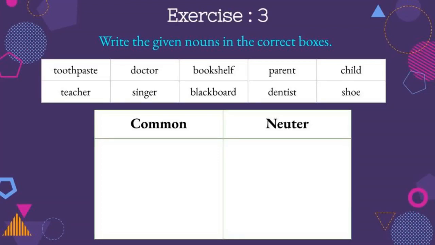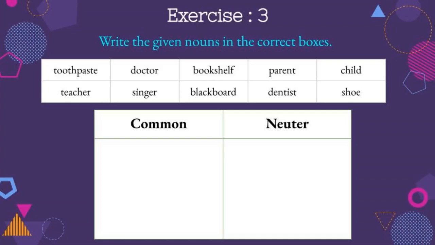Some words belong to common gender and some words belong to neuter gender. Now what we are going to do means, first of all we need to read the words properly. If the word belongs to common gender, we should write inside the common gender box. Otherwise, if the word belongs to neuter gender, we should write that word inside the neuter gender box.